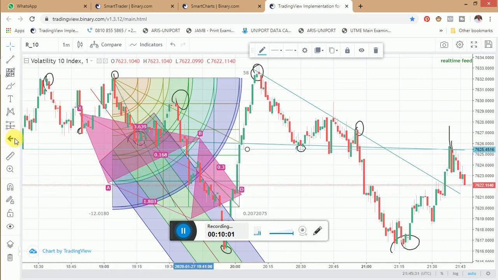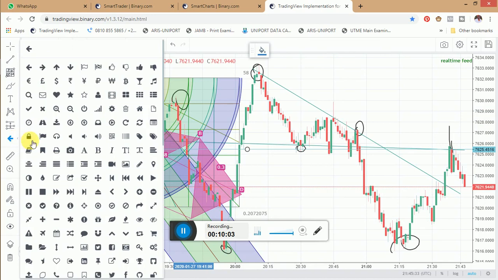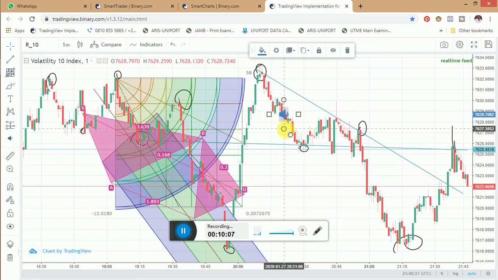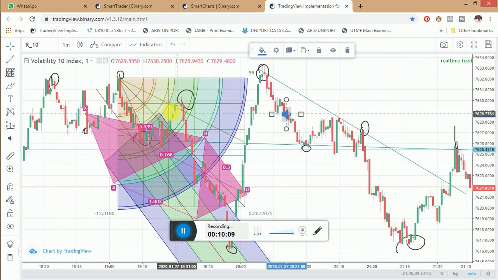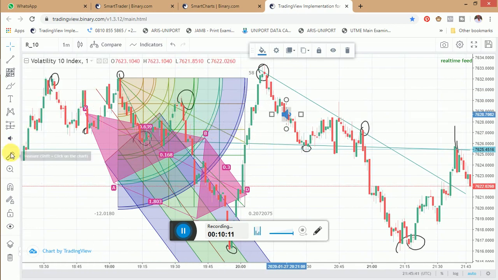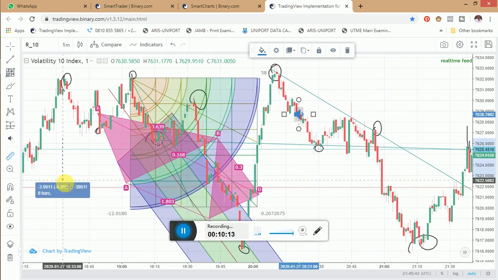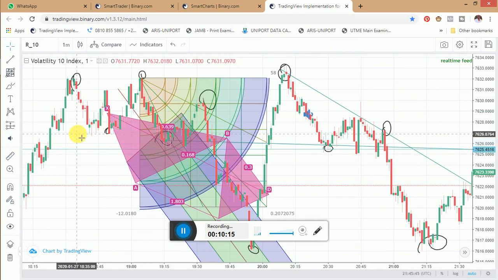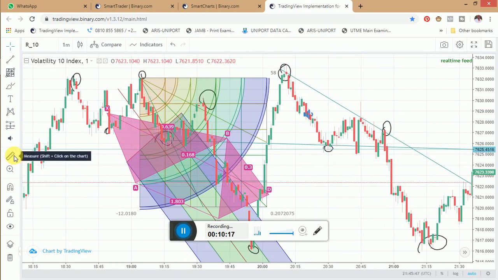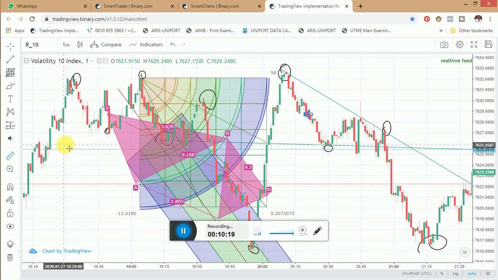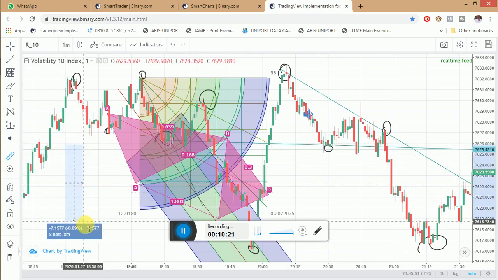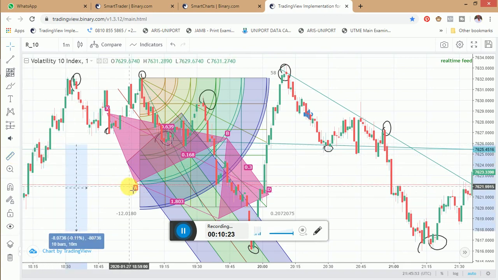Alright, then apart from drawing, there are symbols. You can see like a music symbol. Then there is the measuring rule. Measure from here down to here, measuring rule.